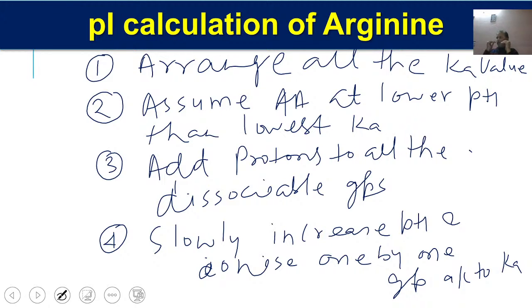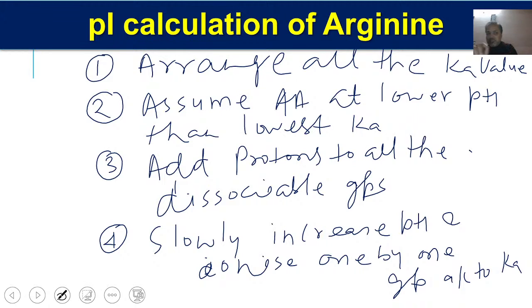So first, when you have any amino acid which has more than two dissociable groups, first arrange all the pH values according to their Ka value. So you will have one highest value, one lowest value. Now assume the amino acid at a lower pH than the lowest K value.